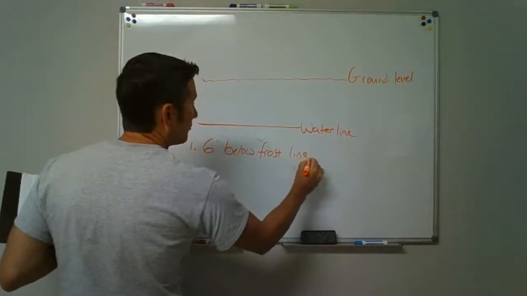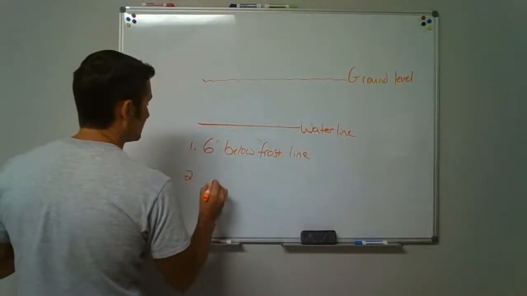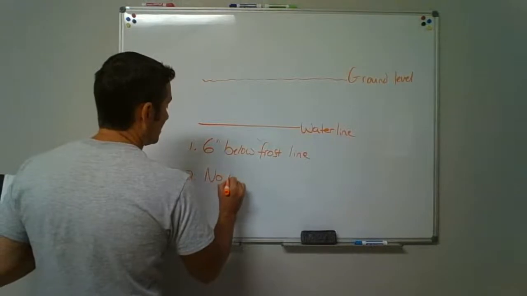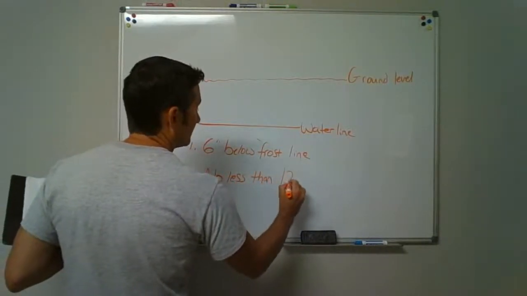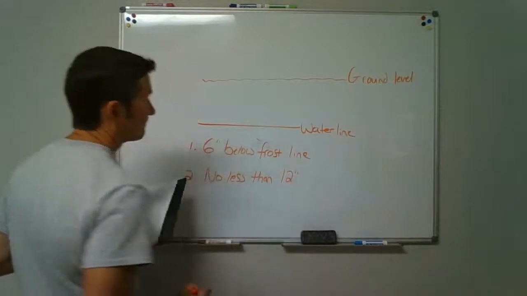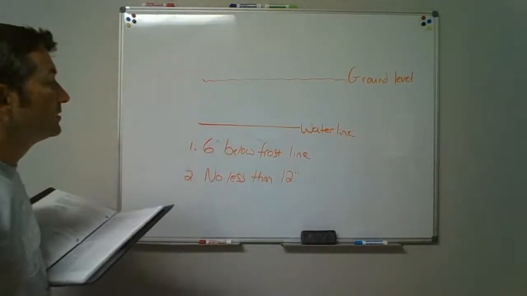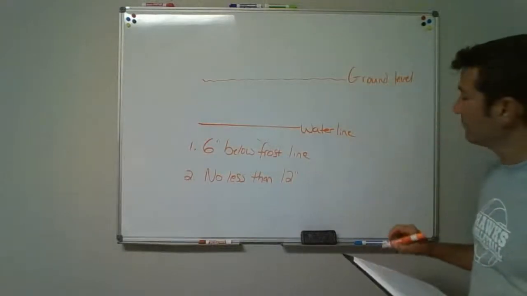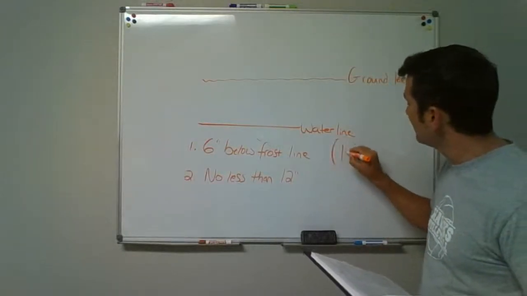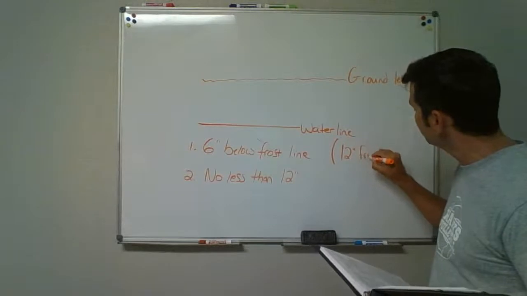There's kind of two parts. Part 2 says no less than 12 inches deep. So you've got to know and find out what your area's frost line is. For our area, we've got a 12-inch frost line.